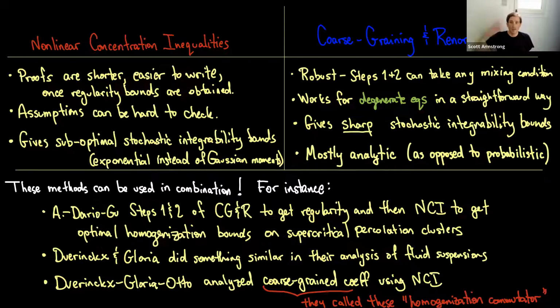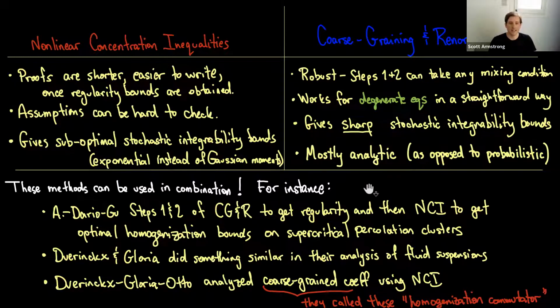You can make the equation degenerate; it doesn't care. Instead of being a nice uniformly elliptic equation, you can make it on a random graph, which is barely connected. We're just down to the connectivity threshold, and we can handle it. It gives sharp stochastic integrability on all of the model cases, including Gaussian correlation decay.